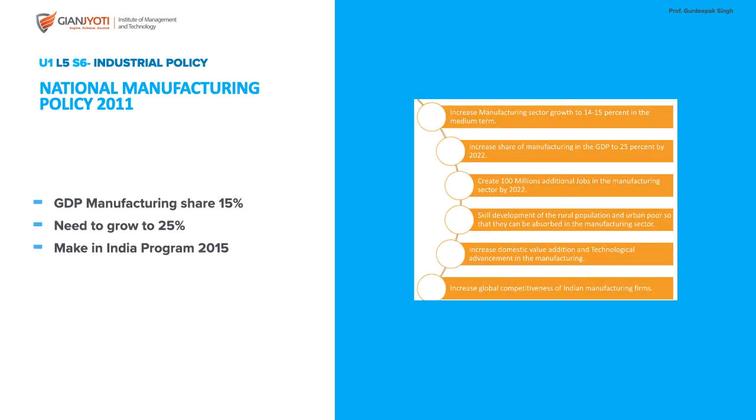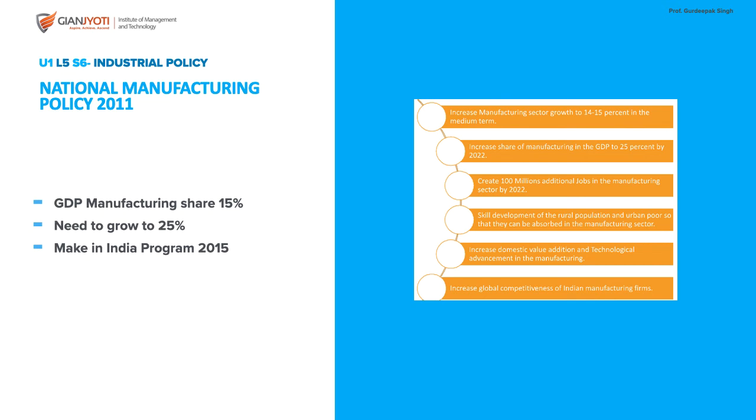In 2011, we came up with a national manufacturing policy. So you know that India had been an agro-based economy after independence, and agriculture had been contributing a lot towards the GDP of the country. But slowly it is going down, and we wanted manufacturing to contribute to the GDP.